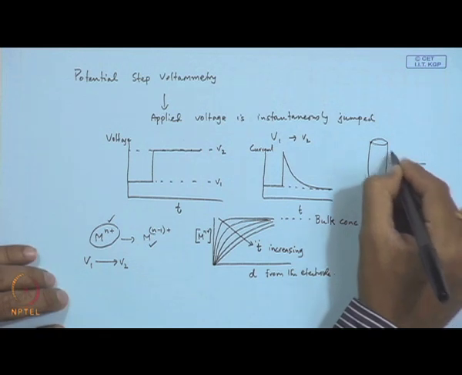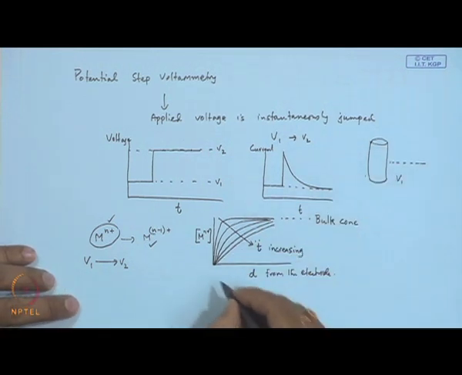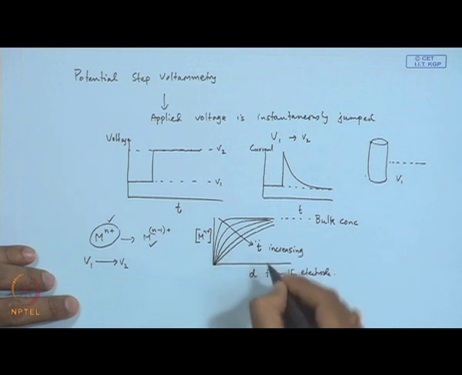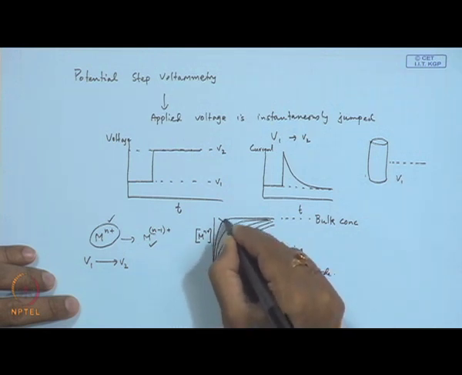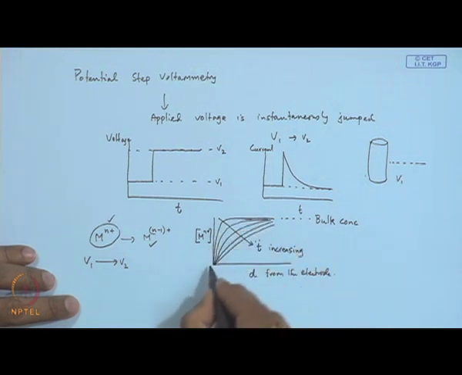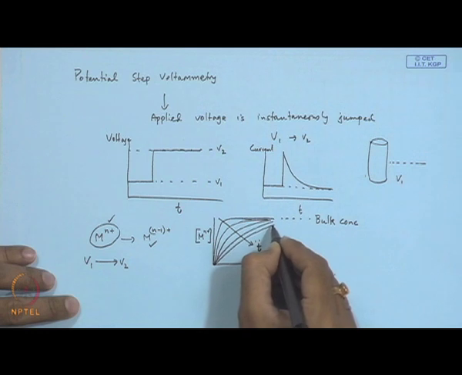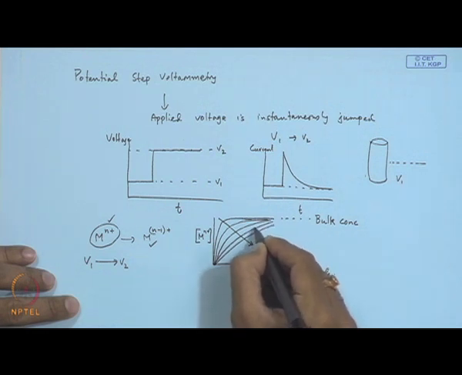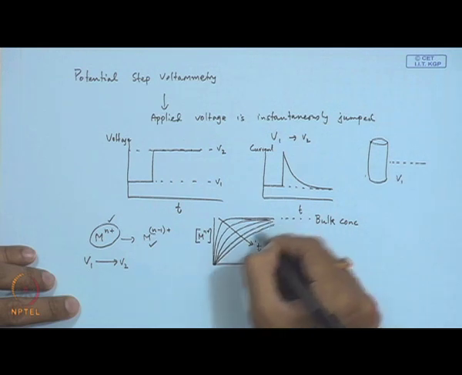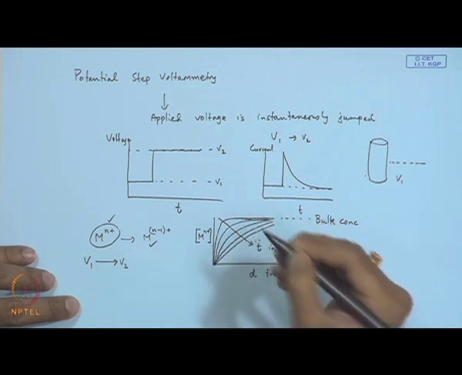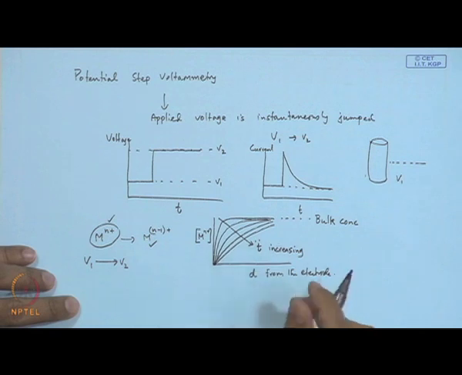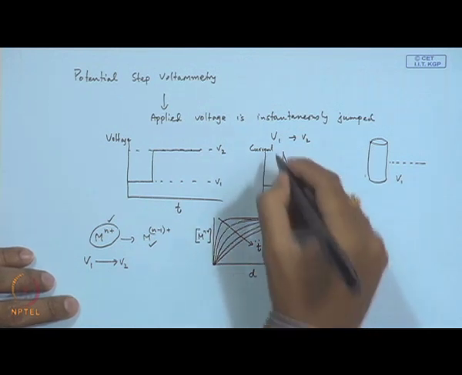Initially there was a huge concentration gradient; gradually it becomes a fixed value, concentration versus distance.